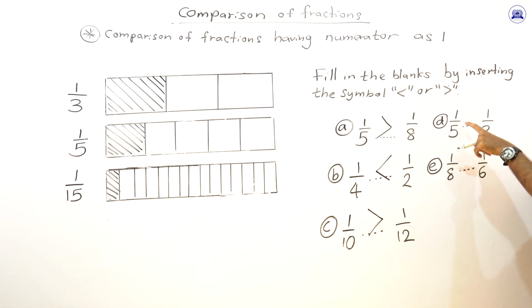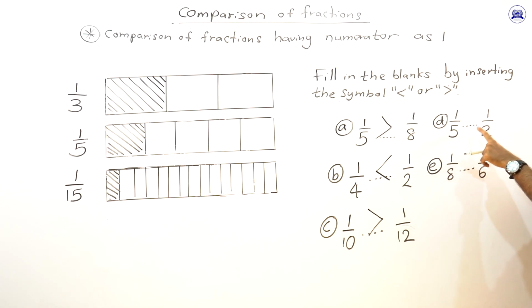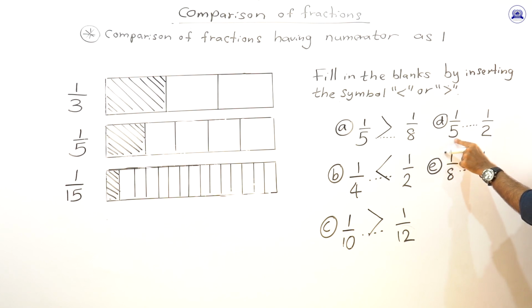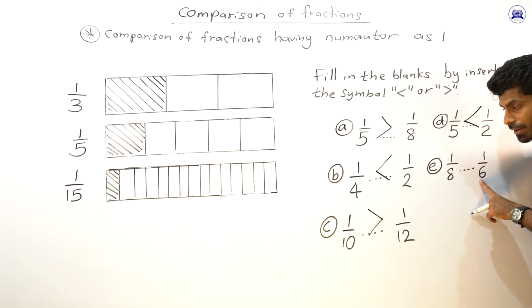Look at this one. 1 over 5, 1 over 2. Just consider 5 and 2. Which one is the greatest one? 5 is the greatest one. So this one is the smallest one. 1 over 5 is less than 1 over 2. Okay, so look at this one. 1 over 8 and 1 over 6.